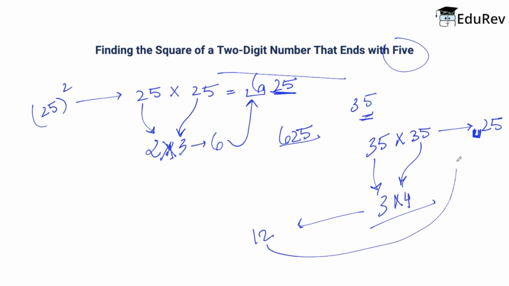And this 12 has to go here. So it will be 1, 2, 2, 5. So this is the number that is going to come when we multiply 35 into 35, which is to say that we want to find out the square of 35 when the number is ending with 5. I hope you understood this.